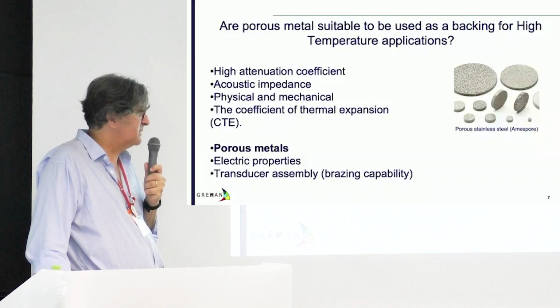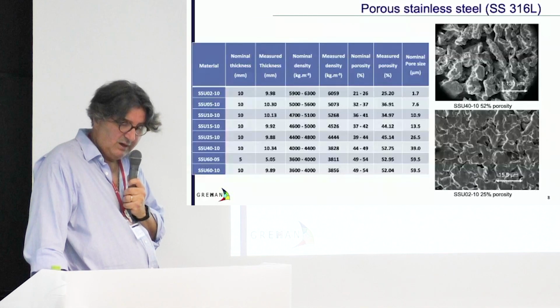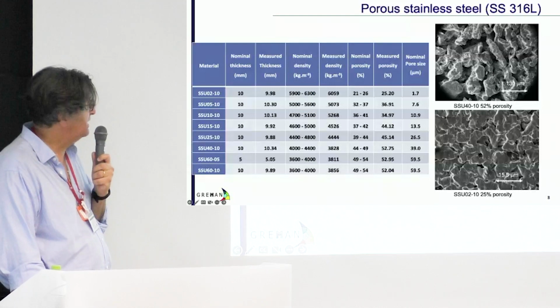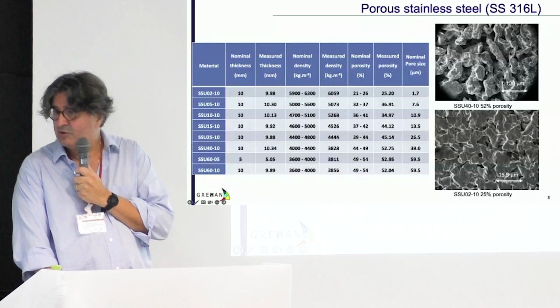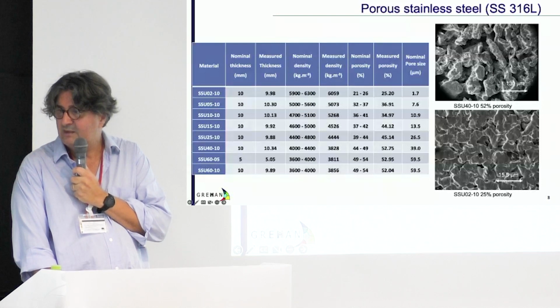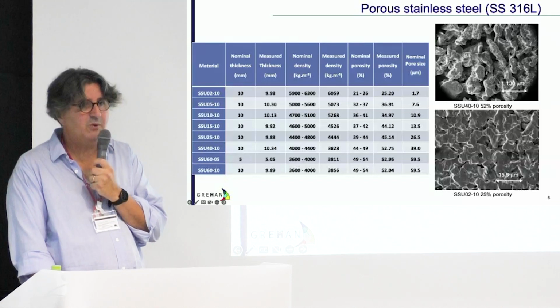In this work, we got some samples and characterized them. This is the material on which we have worked: porous stainless steel. You have an electron micrograph here, to show the pore diameter, which depends on the porosity. Here you have 52% porosity, with pores of typically 100 micrometers, but this is open porosity.